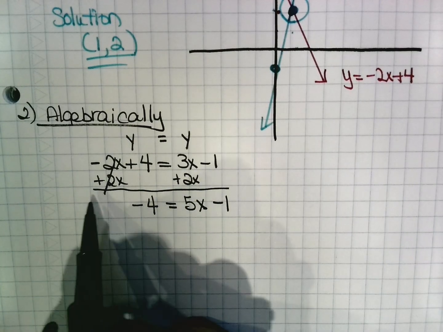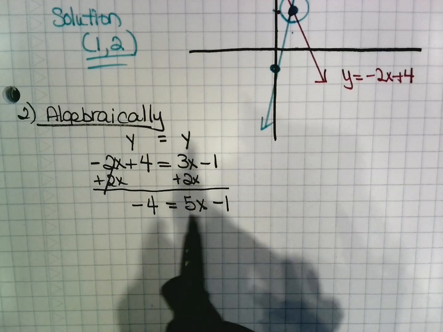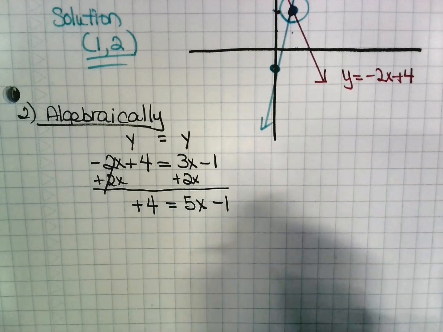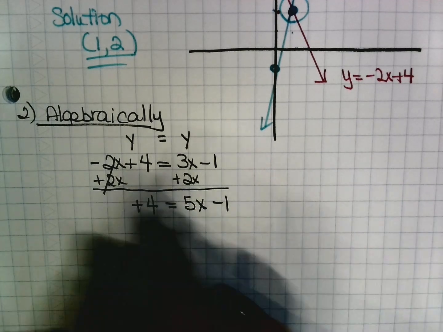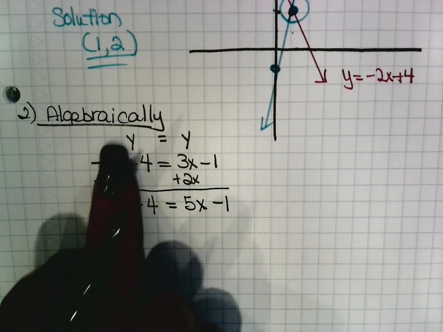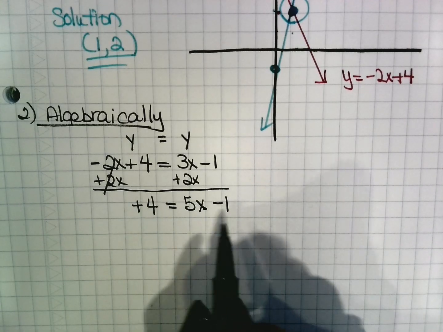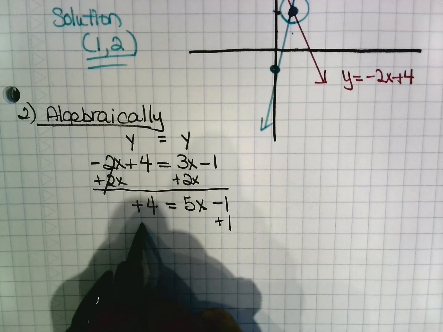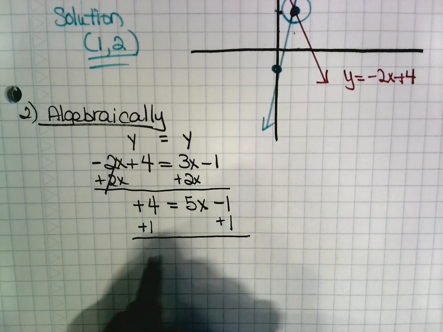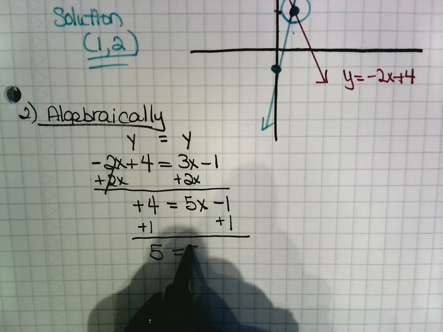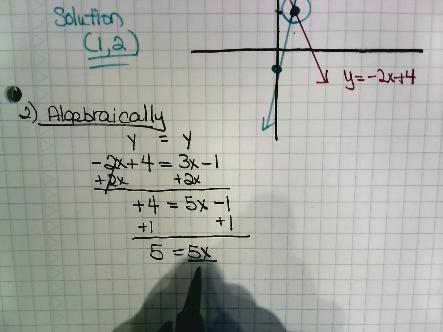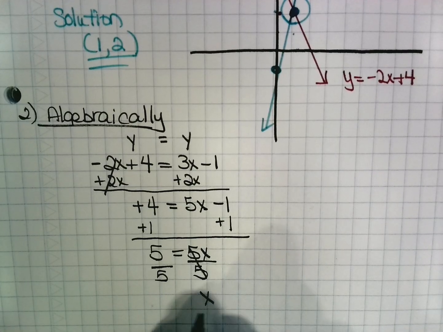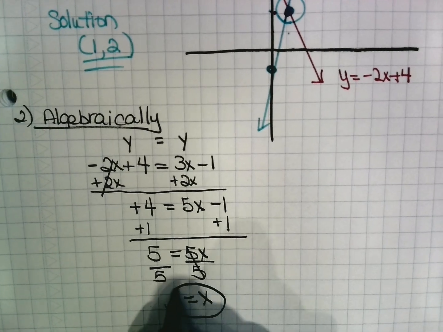So add 2x to both sides. That goes to 0. This is positive 4, sorry, I don't know why I put a negative. So you're left with 4 equals 5x minus 1. Then we're going to add 1 to both sides, and that gives me 5 equals 5x. Divide both sides by 5, and we know that x equals 1.